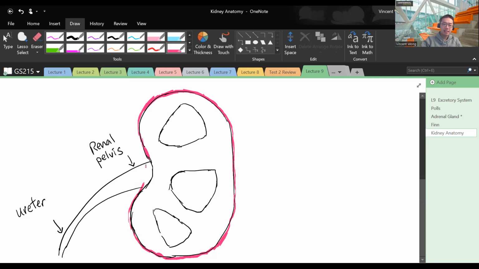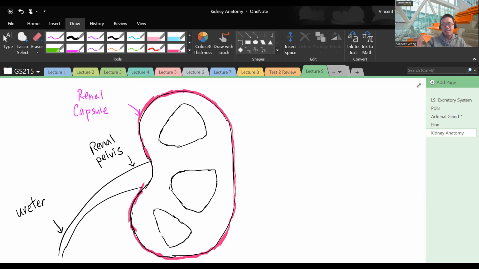It's like a casing that goes around the kidney. Everything starts with renal, which means kidney. Renal capsule. Again, it's just this tough, fibrous type of casing that goes around the organ.